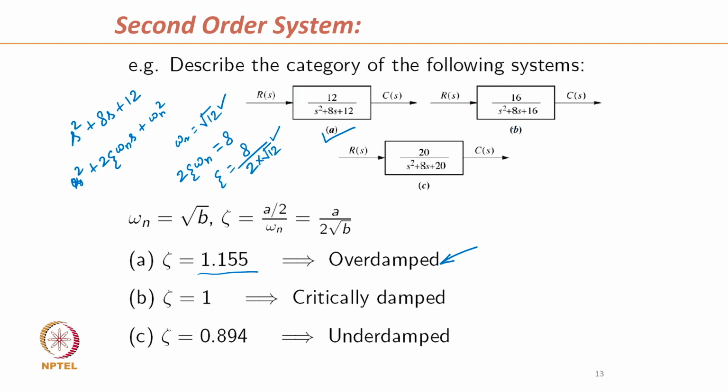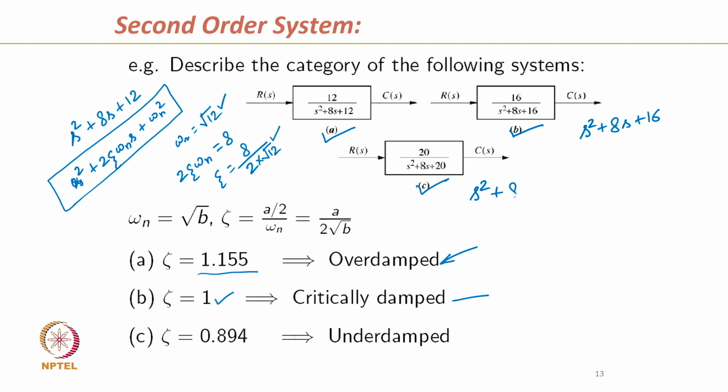Similarly, you can calculate for this example s square plus 8s plus 16. You can compare it with the characteristic equation here and find the value of zeta, and zeta comes out to be 1 in this case, which is critically damped. For case C, we have s square plus 8s plus 20.